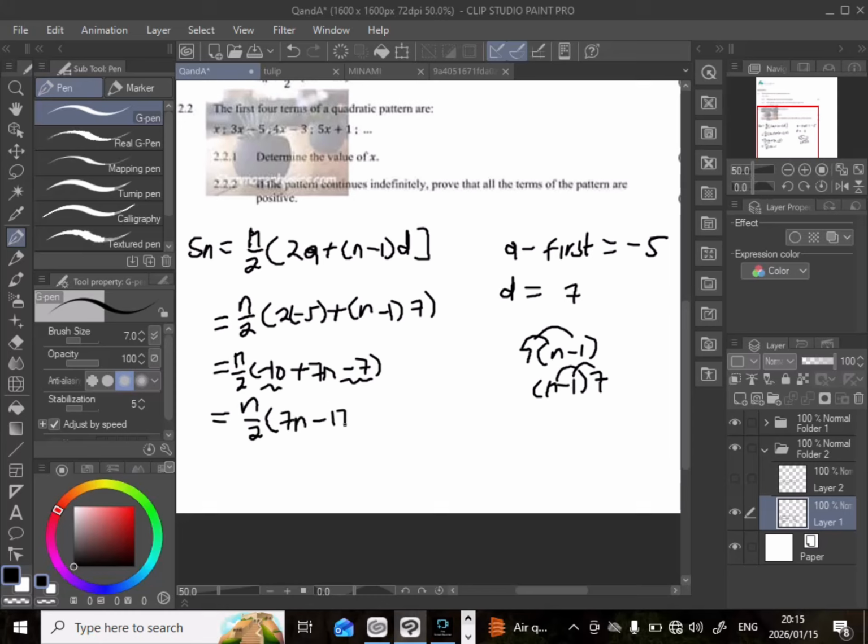Easy one, this one. The gist of what you were supposed to do is know the first term and the difference, then substitute into the general formula and work it out from there. Easy peasy.